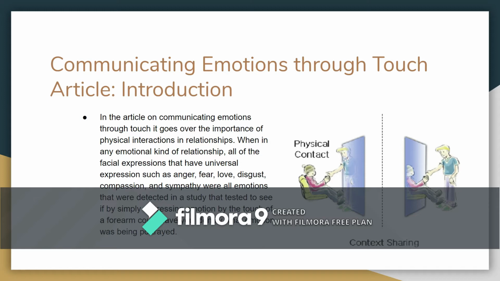What they did was get them all together and try to portray specific emotions, like previously stated, fear, anger, love, disgust, compassion, all by touching the other person on the forearm. It was found that these individuals were only able to pick up on these specific emotions if they had some kind of prior relationship.